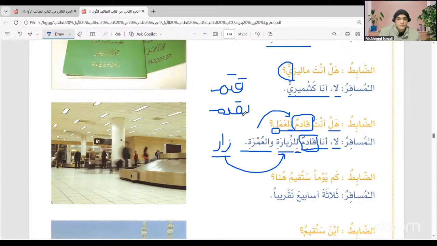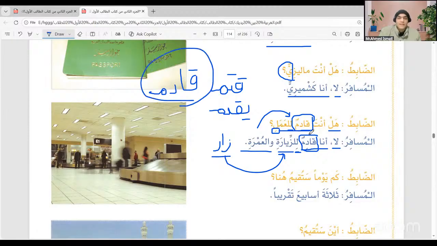If you want to say the اسم فاعل from it, it will be قادم, which means someone who is coming right now, he's doing the action, the doer. So قادم, this way.